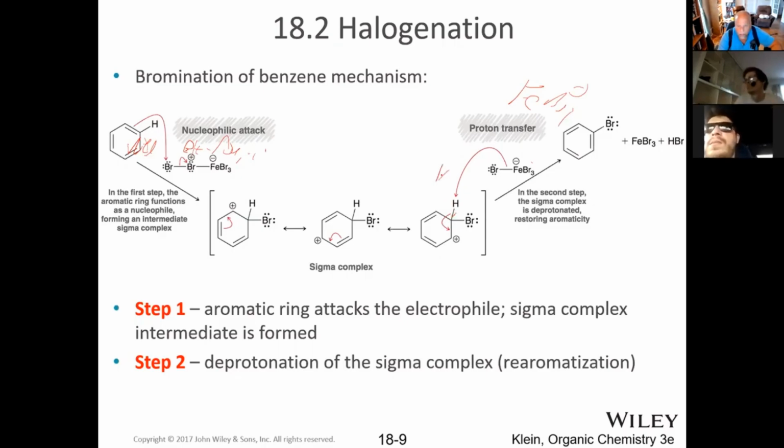So essentially this will become H plus coming off of that, and then this electron pair will go back to cancel that out, and then the bromine is left in place. So do you see the substitution there, Robert? Essentially the bromine from here came in there, attacked there, and the hydrogen left. Sorry, you replaced the hydrogen with the bromine.